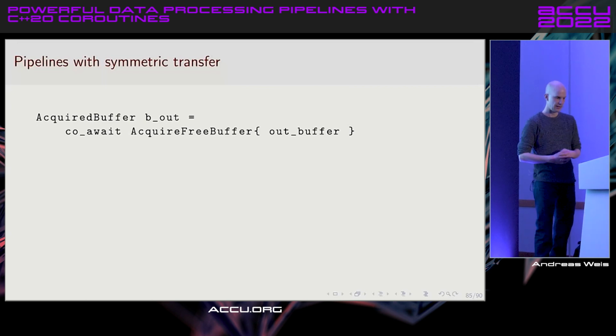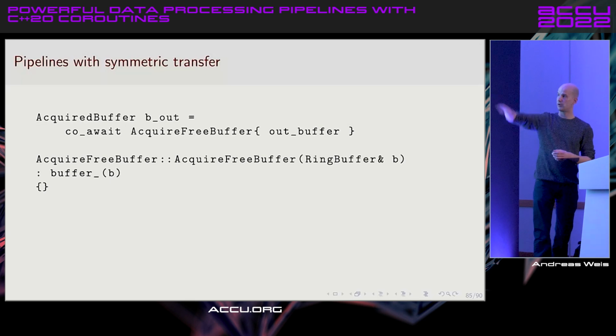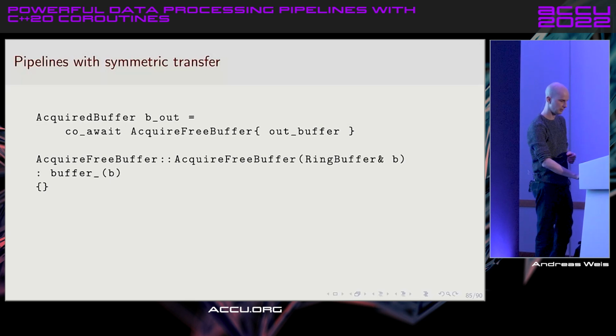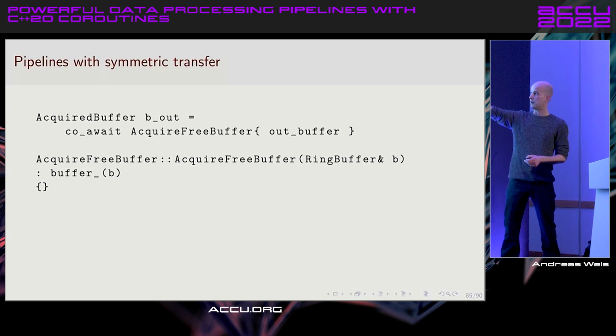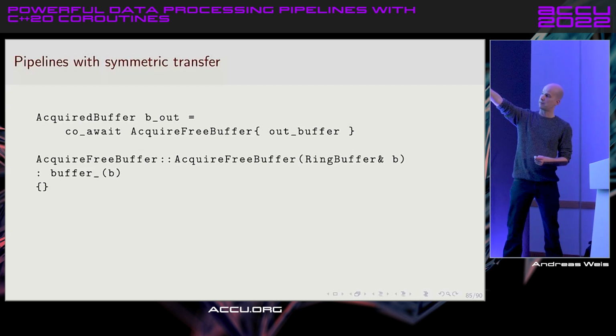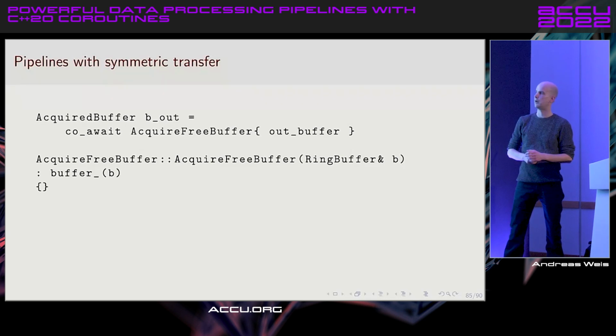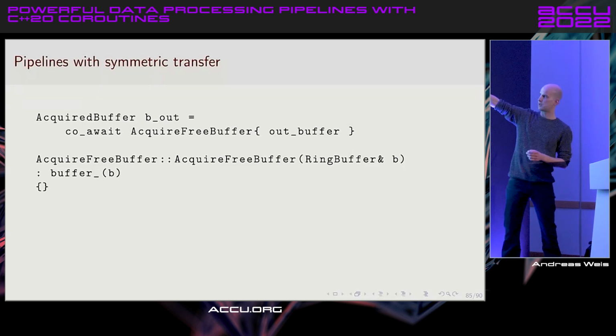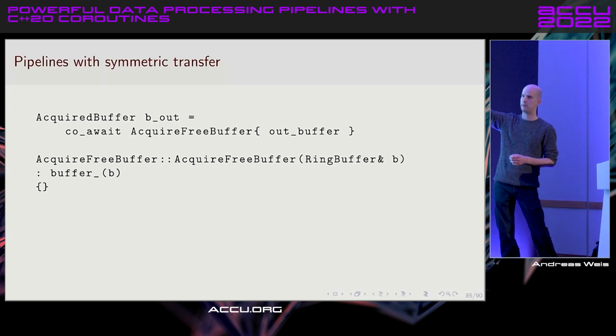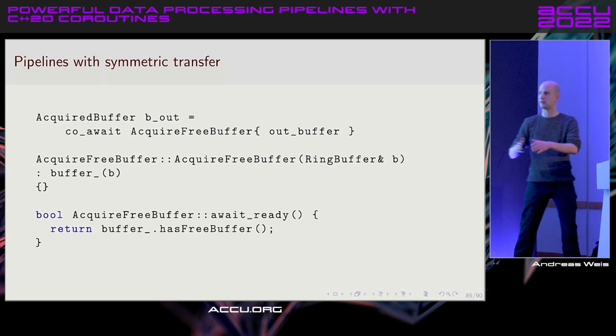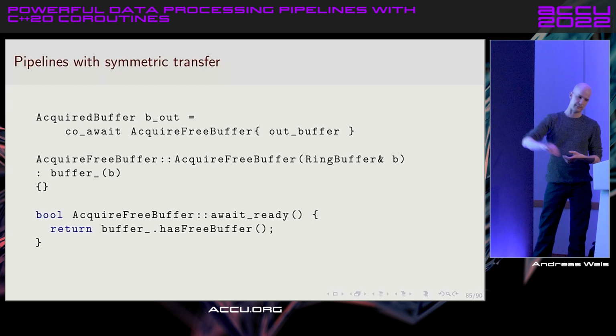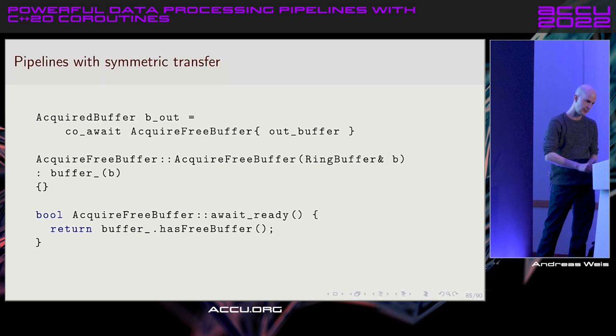And now for the pipelines, what this means is whenever I await on such an acquire object, the argument that I pass there, the buffer that I want to acquire from, resurfaces in the constructor of the awaitable, normal constructor call, nothing unusual so far. So this stores the buffer internally.